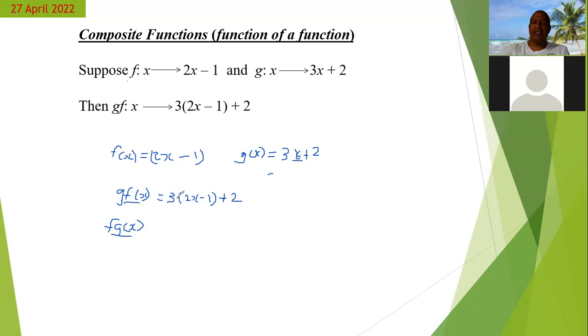Now you could further simplify this by removing the brackets. 3 times 2x gives you 6x, and 3 times negative 1 gives you negative 3, plus 2.